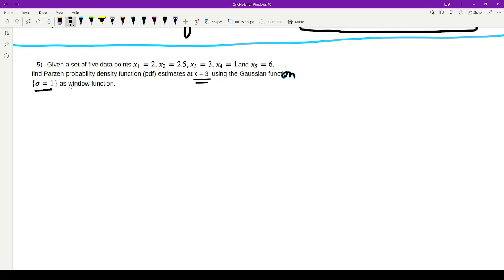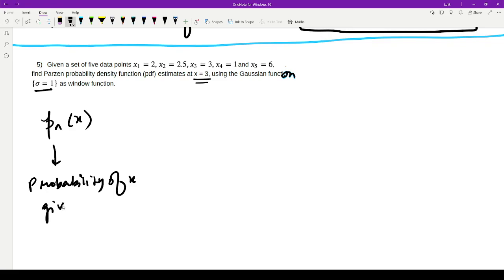How does Parzen window work? This is the probability of x, the PDF of x given n data points. Yes, this formula was discussed in the class. I'm just rewriting it.